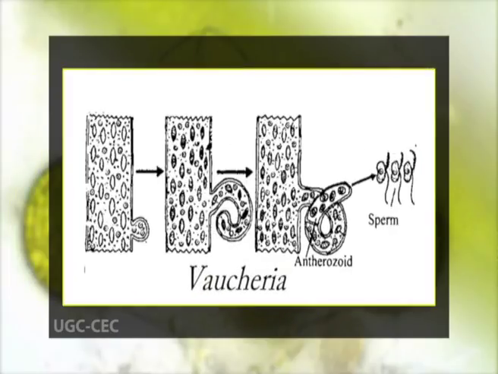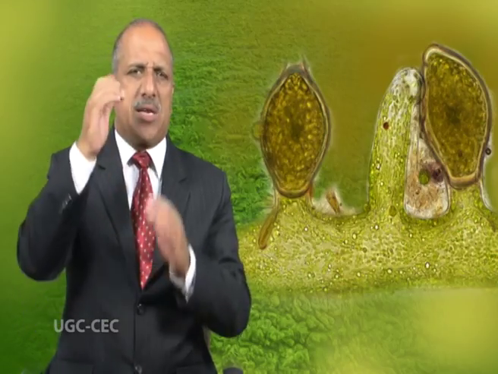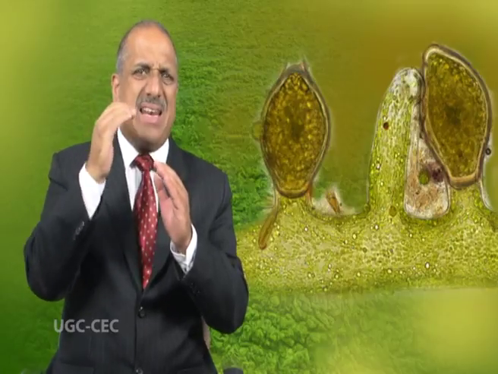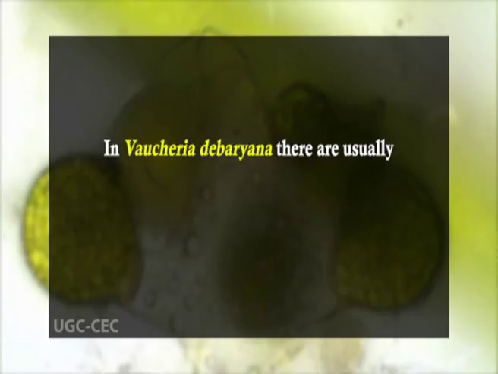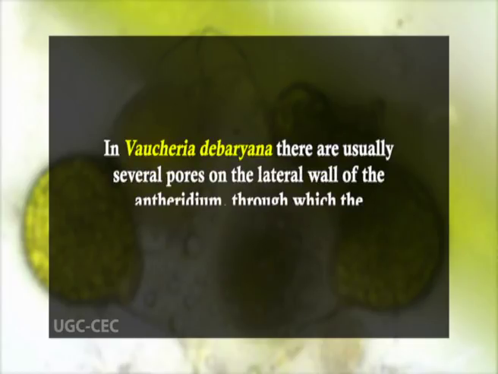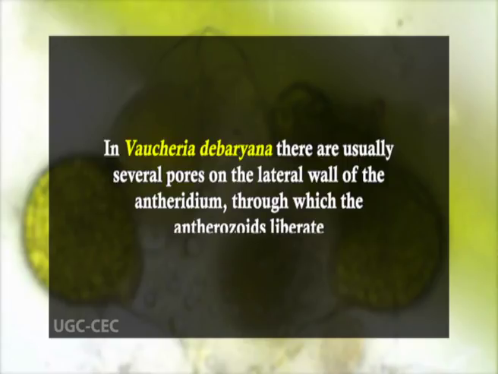The antherozoids do not have chloroplast and also lack eye spot. They are liberated through an aperture at the anterior end of the antheridium. In Vaucheria debariana, there are usually several pores on the lateral wall of the antheridium through which antherozoids are liberated.